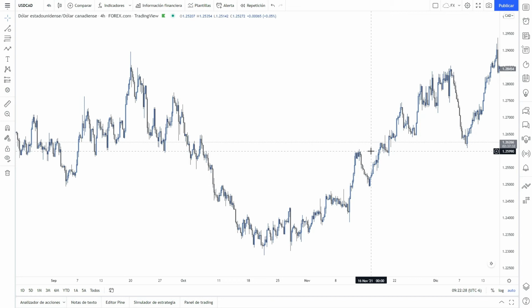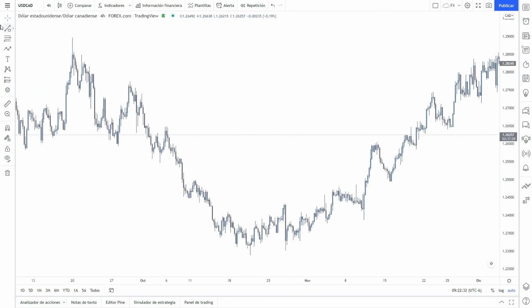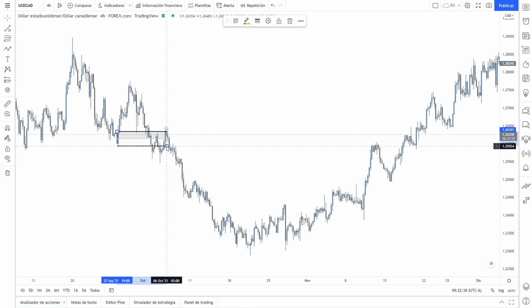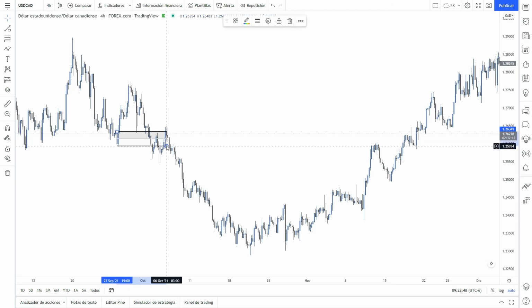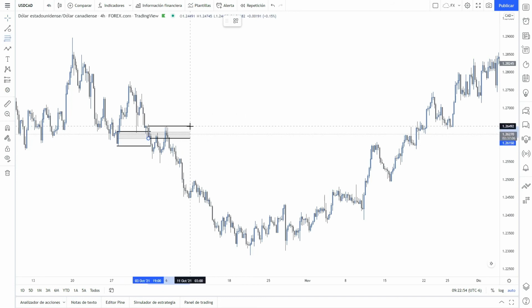However, we use zones. For instance, we have here a demand level right here. Then if you see here, price breaks the level, breaks the zone, this zone didn't hold. Now what happened? Since it was broken, it became a supply level right at this candle.